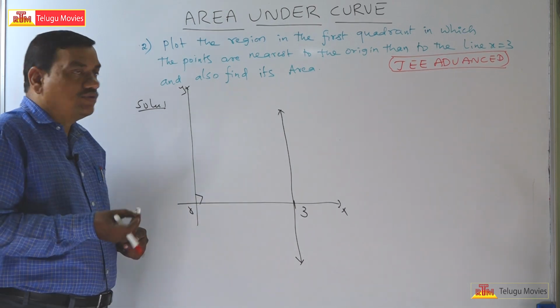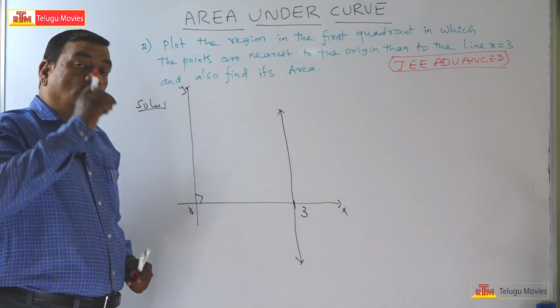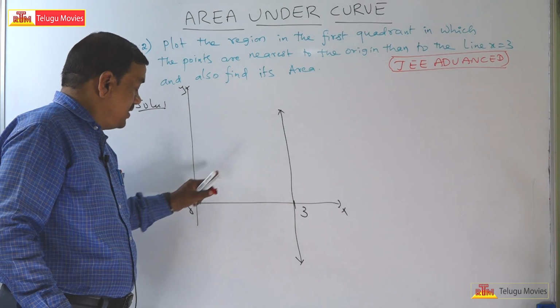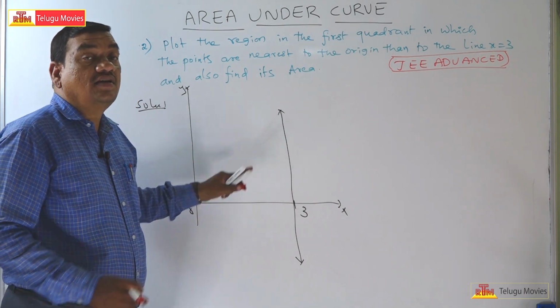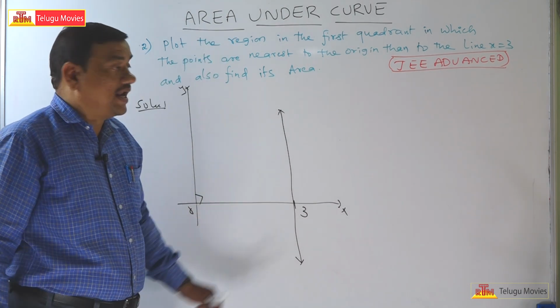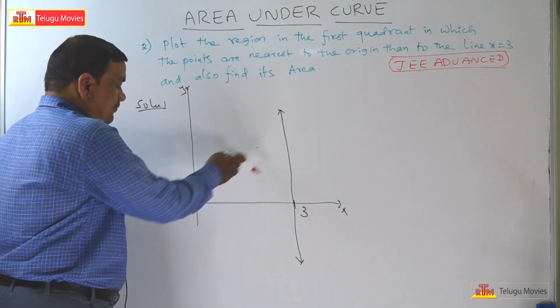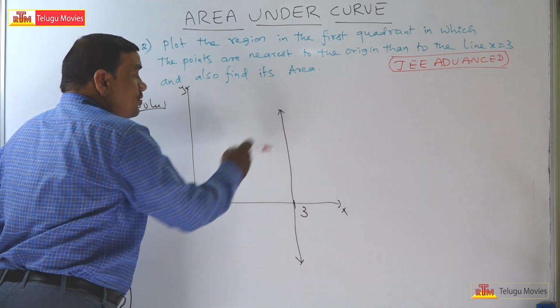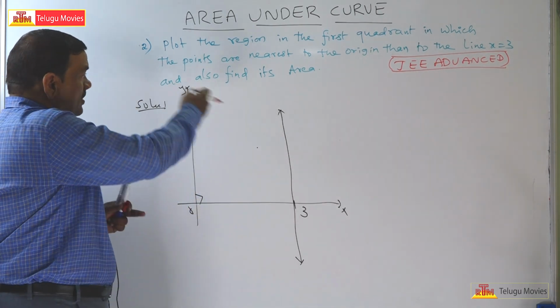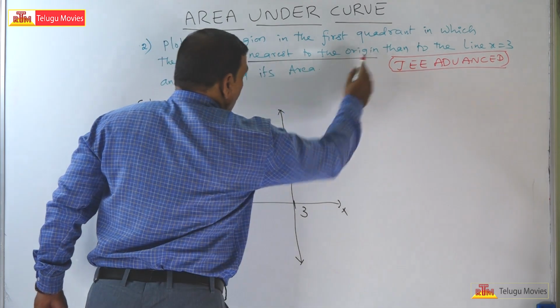Now, we have to select the points. Those points should be nearer to the origin than to the line x is equal to 3. For example, if I take a point here, it is far away from the origin but nearer to the line, so it does not satisfy the condition.